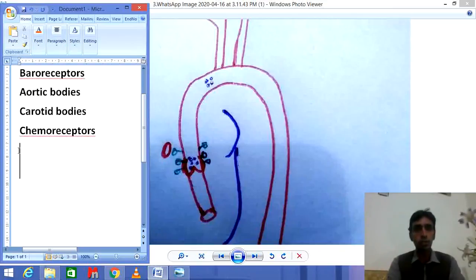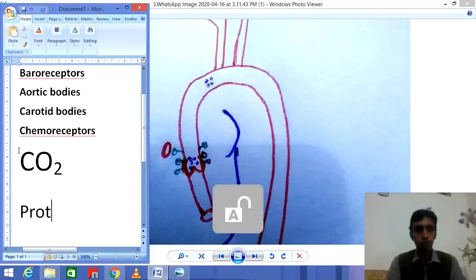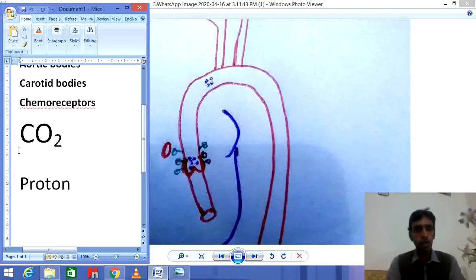Chemoreceptors are responsible for the detection of CO2, proton, and O2 concentration.